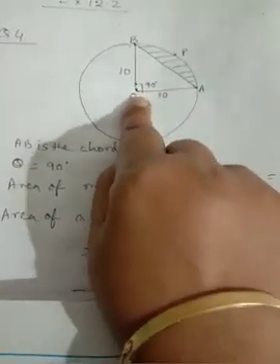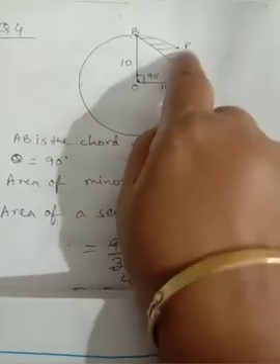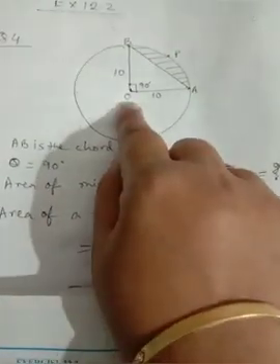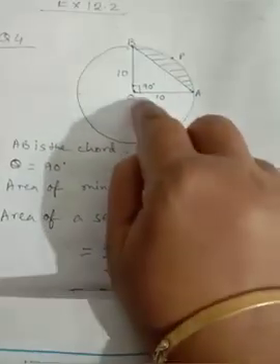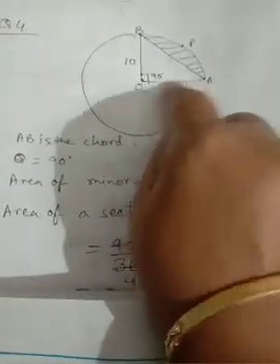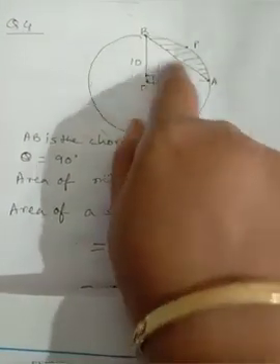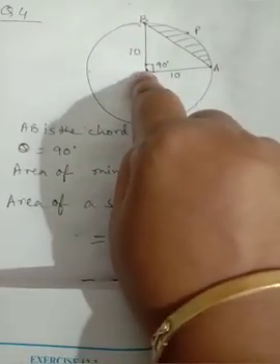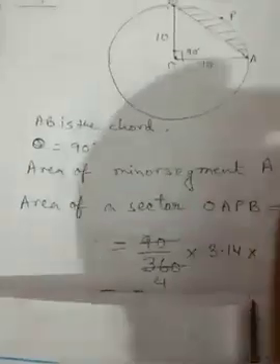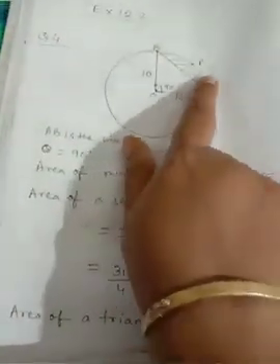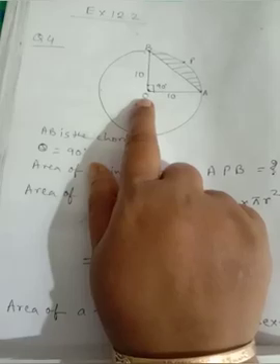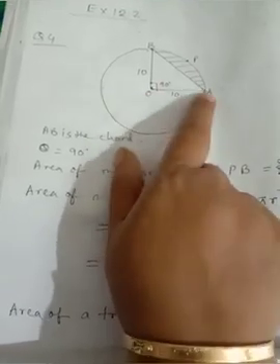After finding the area of the sector OAPB, you have to subtract the area of the triangle OAB. This triangle is a right angle triangle, because this chord AB subtends an angle of 90 degree at the center. So area of the minor segment APB is equal to the area of the sector OAPB minus the area of the right angle triangle OAB.